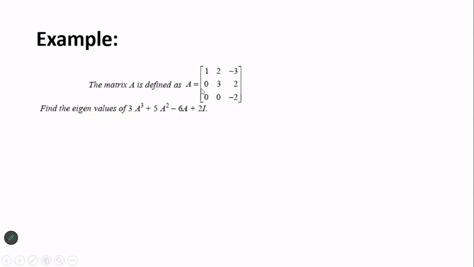If you know the eigenvalue of A, it will be easy to find the eigenvalue of A square. And also, if you know the eigenvalue of A, finding the eigenvalue of 6A is nothing. And also, you know how to find the eigenvalue of an identity matrix, right? So with these properties, we are going to start to calculate this.